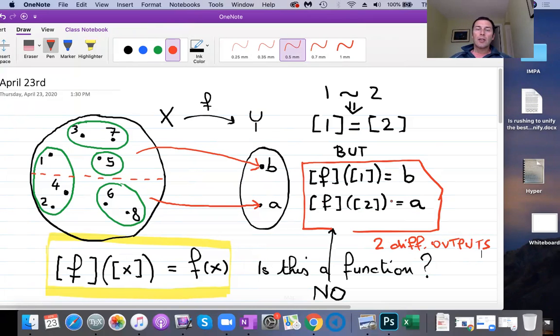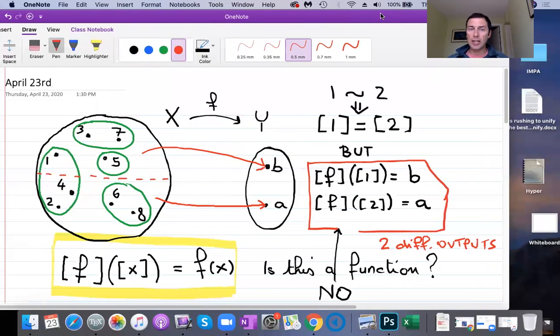Okay, so the problem is not so much that the function is or is not surjective, because you see here now the function f is surjective, but the square bracket f is not a function. And also, I could add elements here. Now my f is not surjective anymore, but square bracket f is still not a function, right? So it's not an issue with f being surjective.